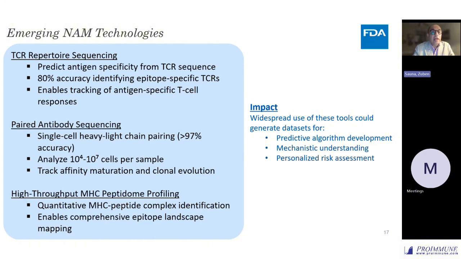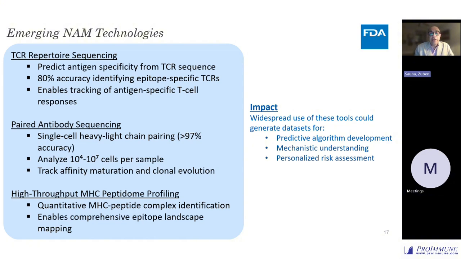Here is a sampling of emerging NAM technologies, which we are not using as much today as we should be. So there is the ability to do TCR repertoire sequencing. There is ability to do paired antibody sequencing and very high throughput peptidome profiling.